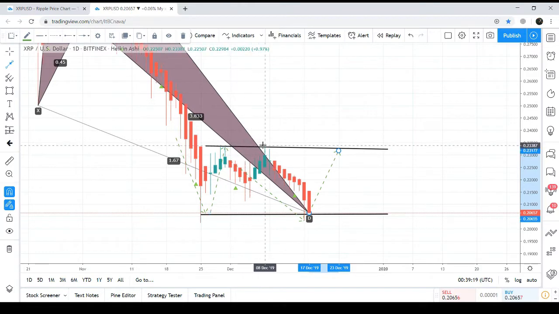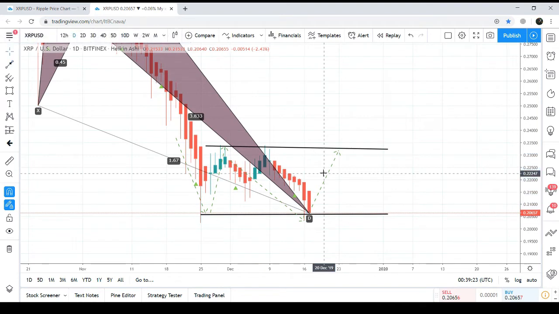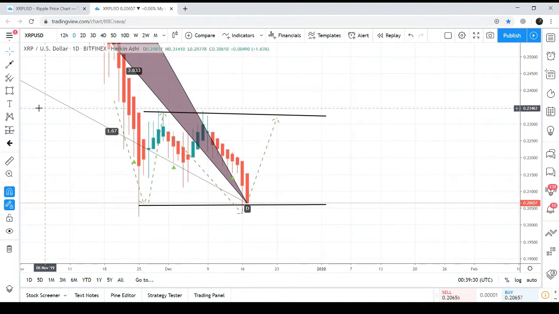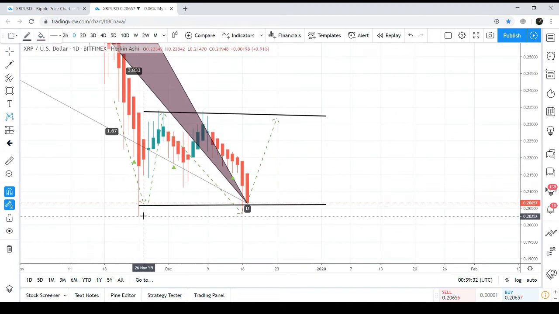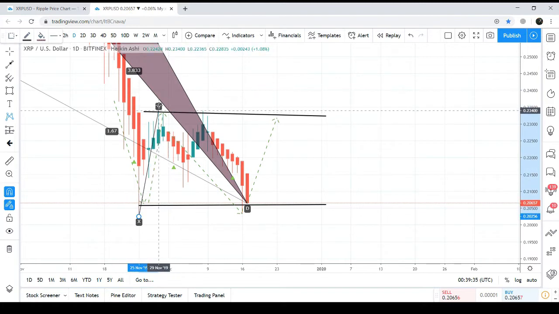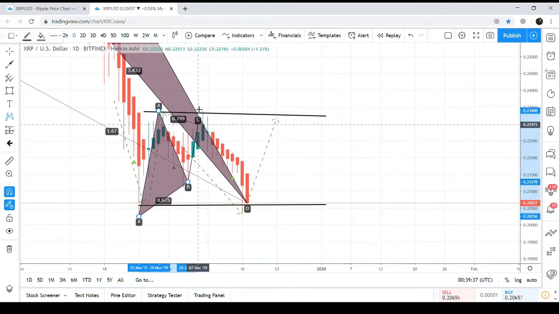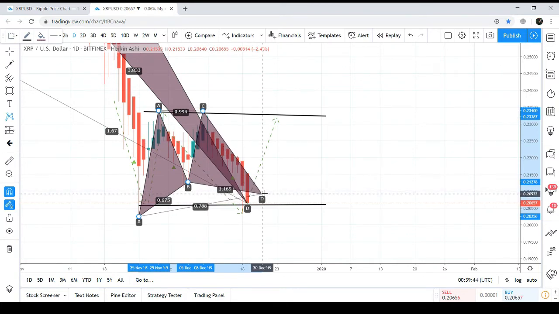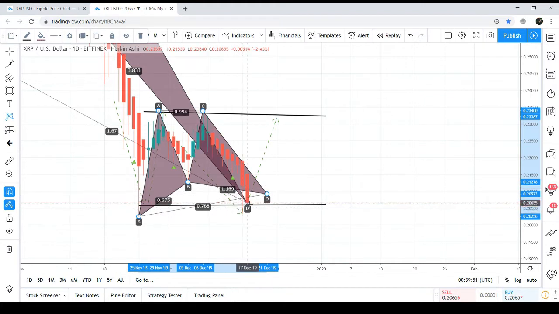This is the double top, and this would be the double bottom. And with this move, we have a pattern within the pattern, and this time we have a bullish Gartley pattern, and I think the price action will make a spike like this, like it has just made a spike here.